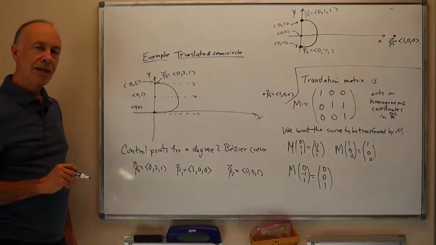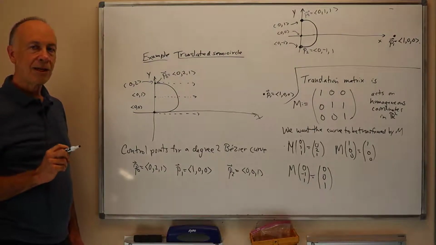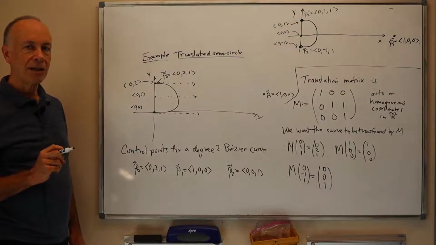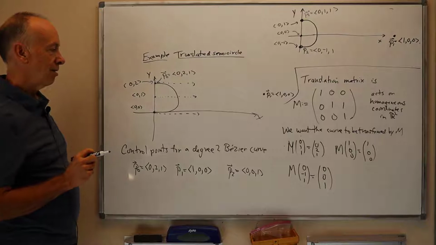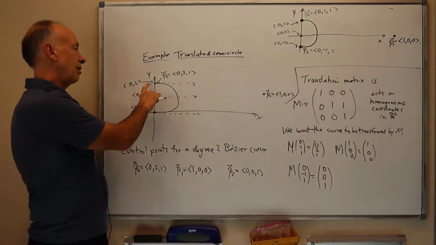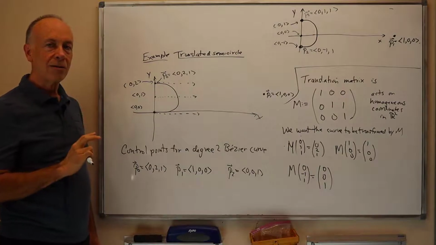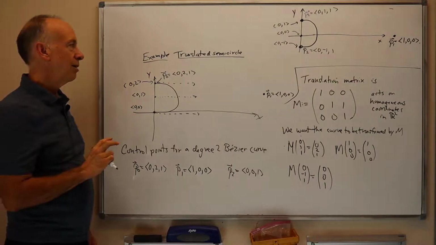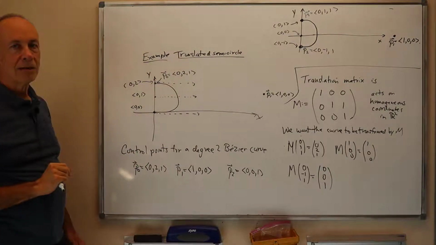And the computation of Q(u) for a Bezier curve is an affine combination because the coefficients on P0, P1, and P2 add up to 1. So if you move the control points around according to M, that also moves the points on the curve around according to M. So if we want to get the translated circle, it's enough to translate the control points.